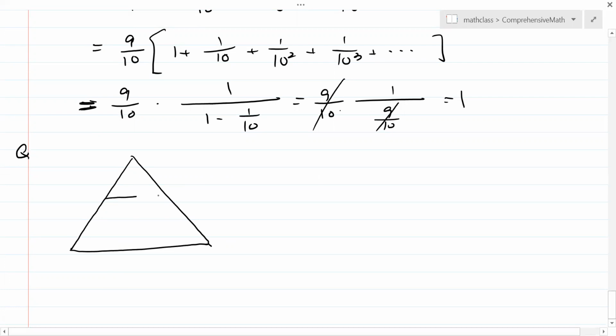I divide it into this, and I shade one of them, the middle one.